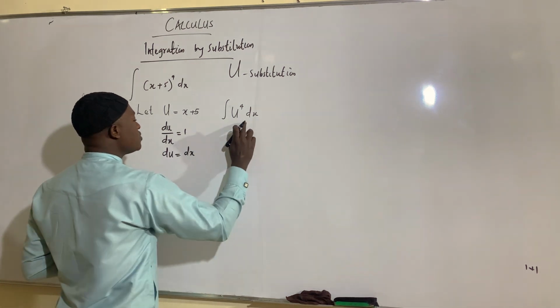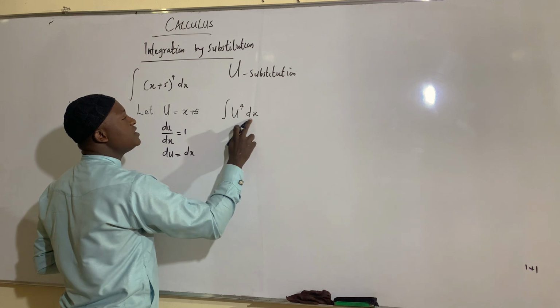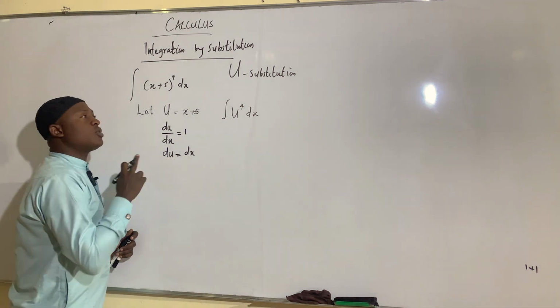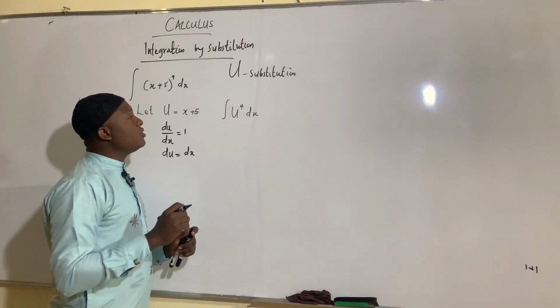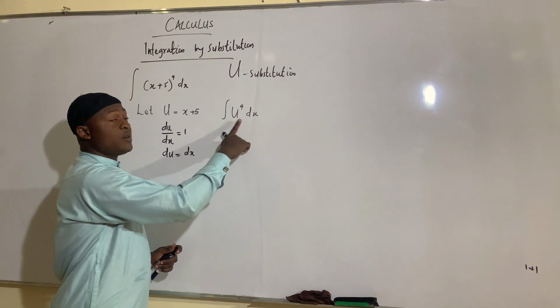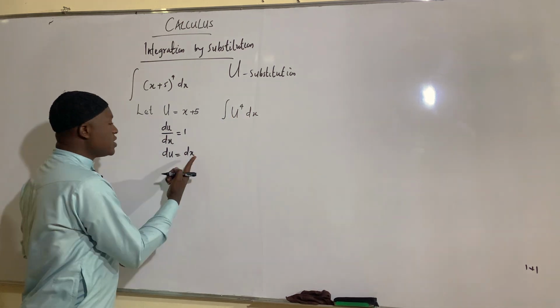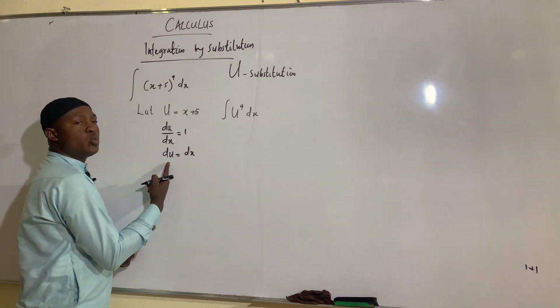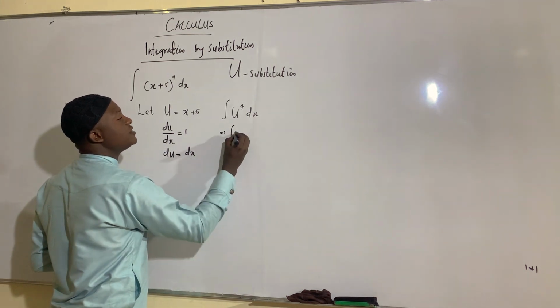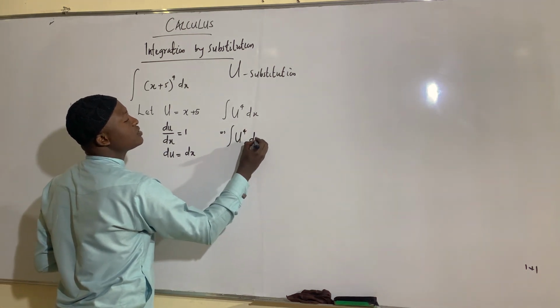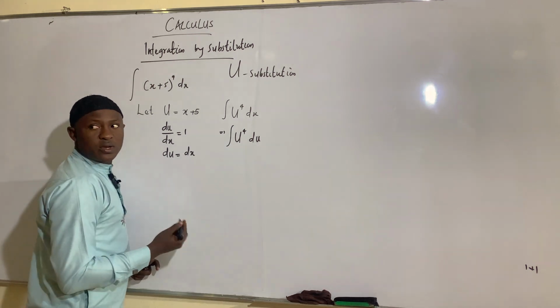Under the law of integration, you can only integrate with respect to what you have, so I cannot integrate with respect to x here because what I have is u. So by changing dx to du, I will have the integral of u raised to the power of 4 du.